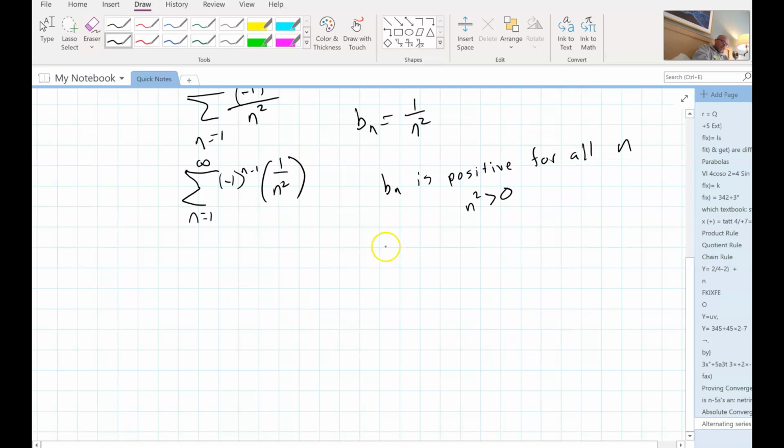Well, we could say that 1 over (n plus 1) squared has to be smaller than 1 over n squared. It's a pretty easy thing to show, because (n plus 1) squared is bigger than n squared.